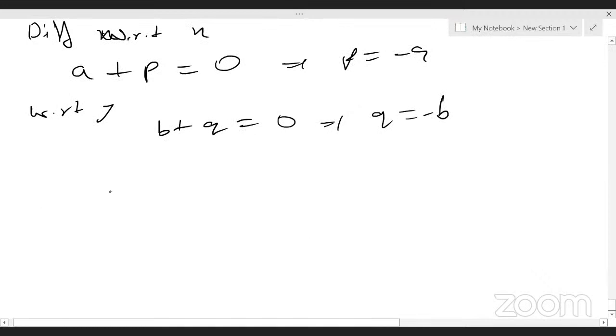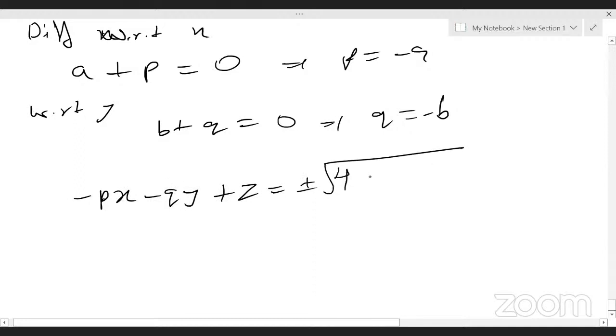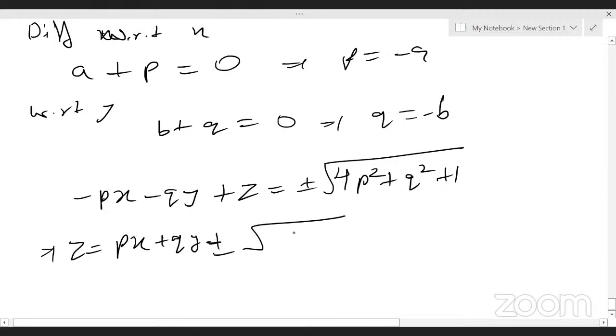So you will get minus px minus qy plus z is equal to plus minus under root 4 p square plus q square plus 1. If you want to square, you can square it. If you don't want to square, even that is good. So you can write z is equal to px plus qy plus minus under root 4p square plus q square plus 1.